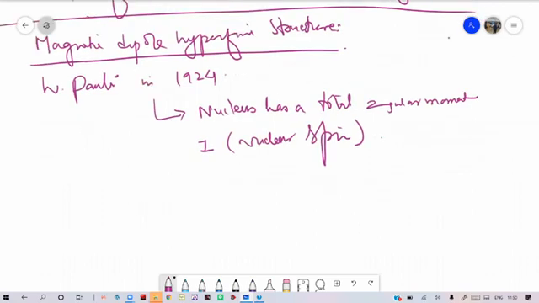So these are the hyperfine structure effects.